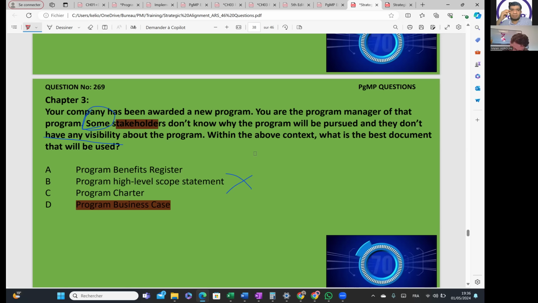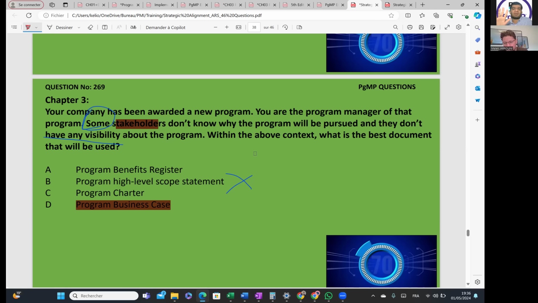As the best example, if you are moving from one city to another city, and on the way you see a very big industry being built, you become a stakeholder at that moment because you are crossing that road. So you will ask why this program is being built.